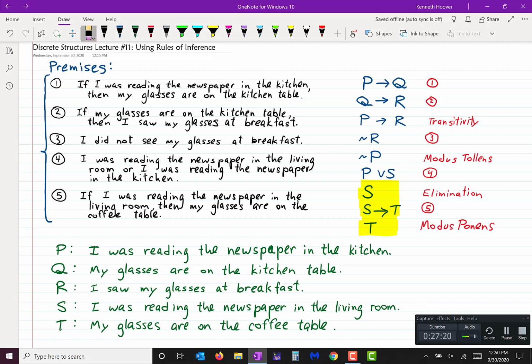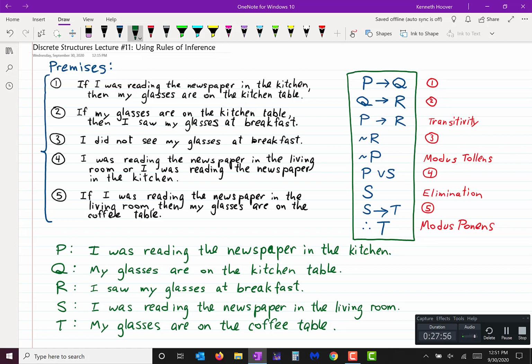And I think we're done, aren't we? Because what did I just conclude? My glasses are on the coffee table. So that is our final conclusion. Let me just bump it over and put our symbol here for therefore. And that is the argument in logical form of where your glasses are.